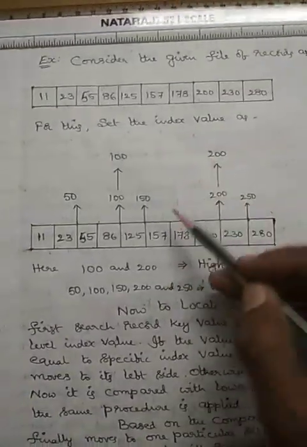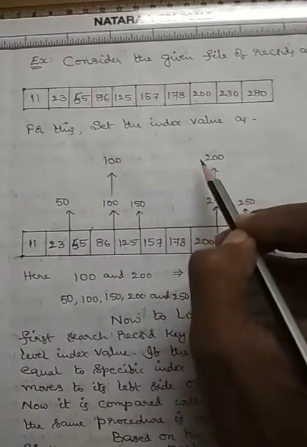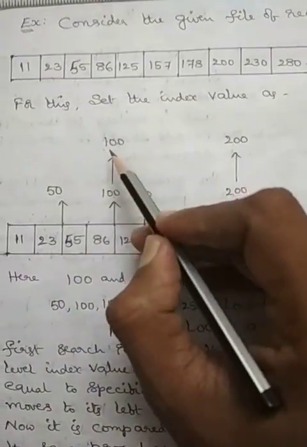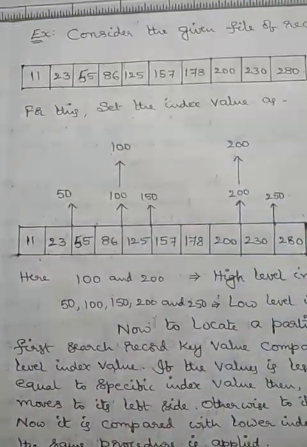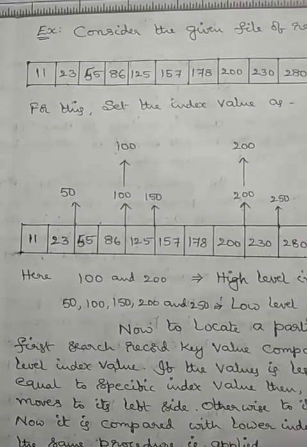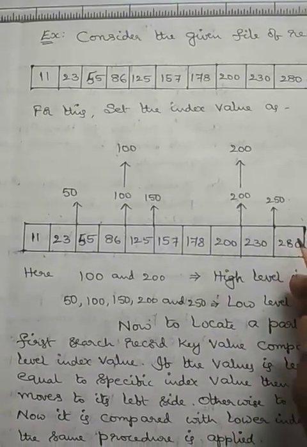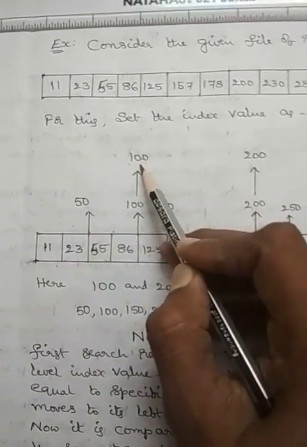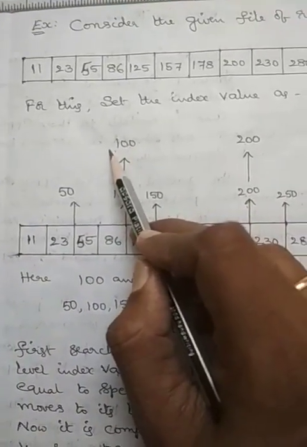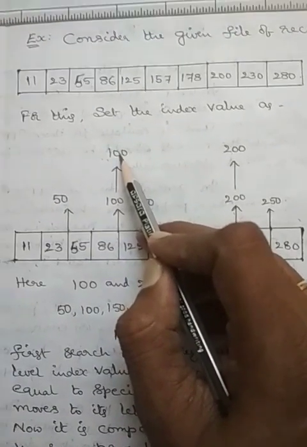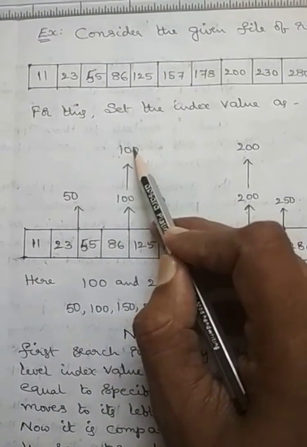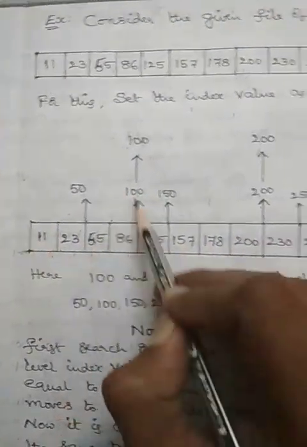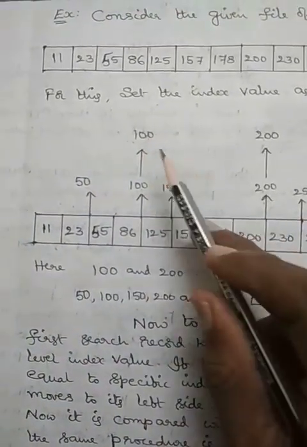Here we will first apply a search on the higher level index. Suppose I want to find the location of the element whose key contains the value 150. First we apply a search on this higher level. 150 is greater than 100, so we skip this left side sublist and move on to this case.